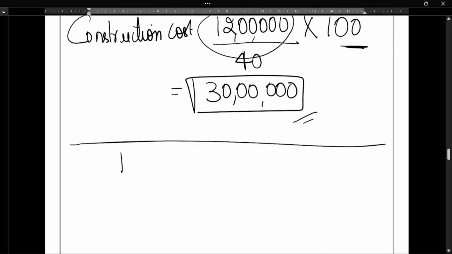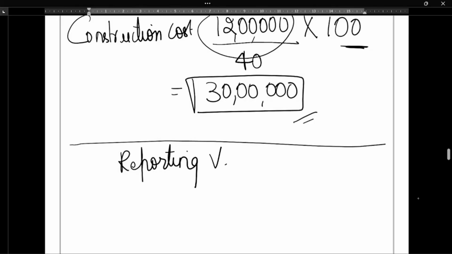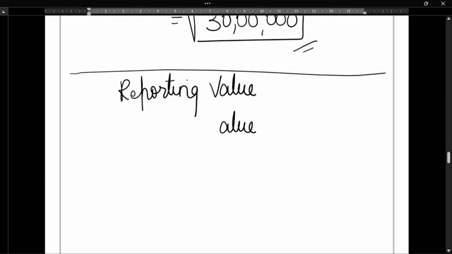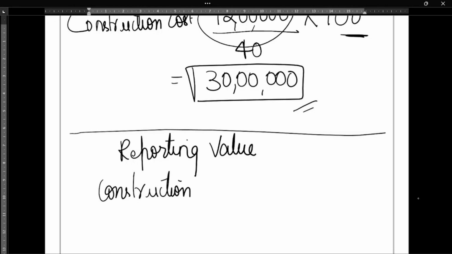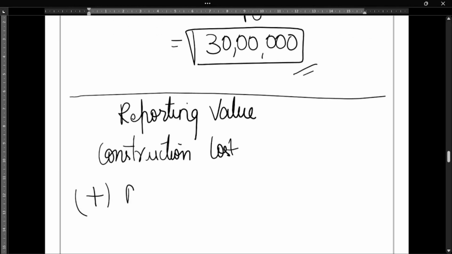Now let us find the reporting value. The reporting value formula is construction cost plus borrowing cost capitalized.